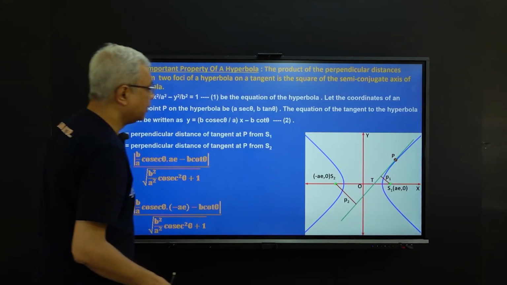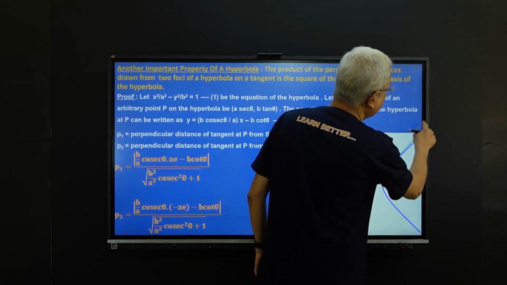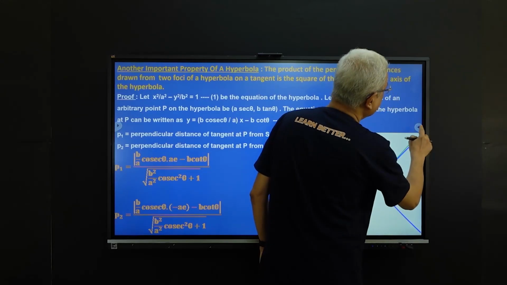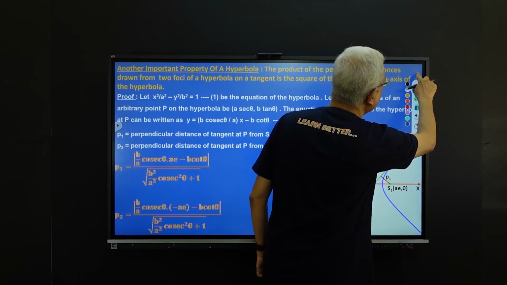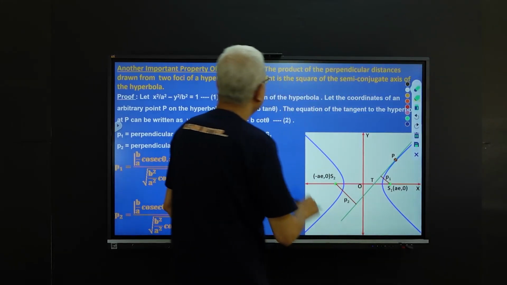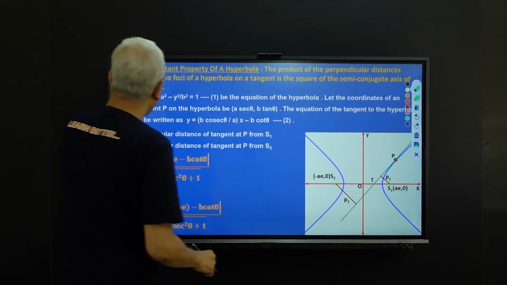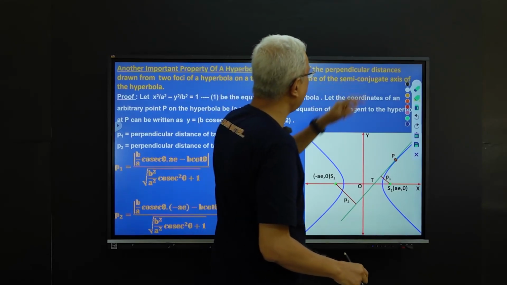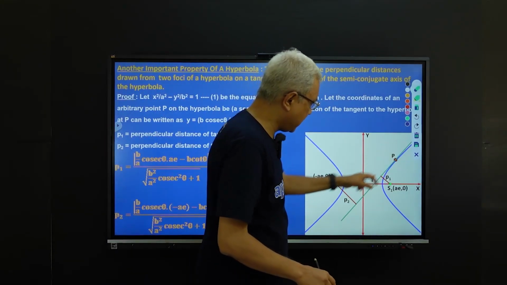Okay, now there is another property of hyperbola, a very important property. Let us see what that is. The product of perpendicular distances drawn from two foci of a hyperbola on a tangent is the square of the semi-conjugate axis of the hyperbola. So this is a tangent.